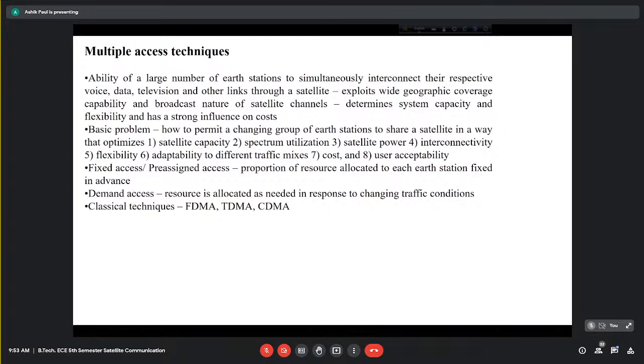Although these are classical techniques, modern day multiple access has evolved in a more advanced way, and you can have hybrid combinations of all these different techniques, like a combination of FDMA and TDMA, or some other combinations, in a hybrid mode of access. These will become clear as we go further into this topic.